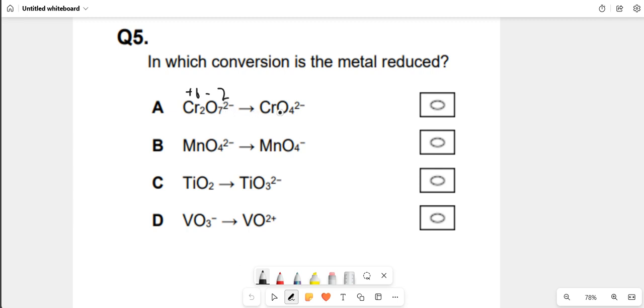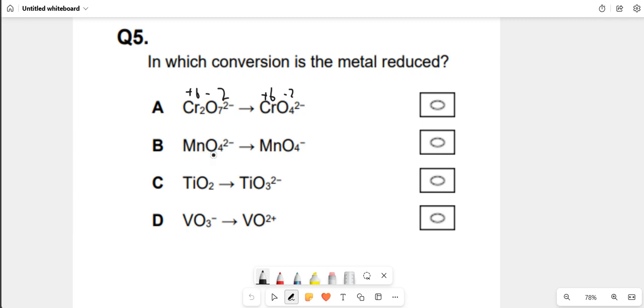So that works out. Then here, it'll be the same, minus 2, that'll be minus 8 here, so to add up to minus 2, this has to be plus 6. So here, it didn't get reduced. Nothing happened to the metal here.